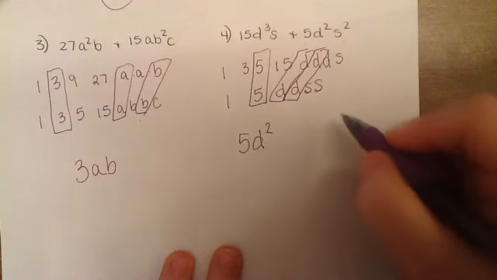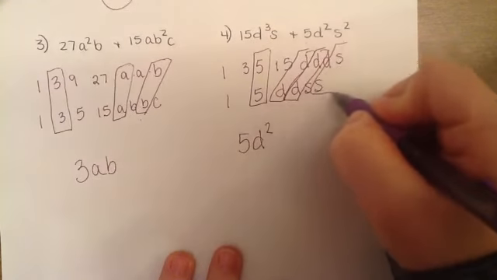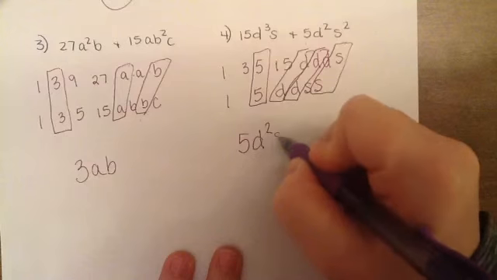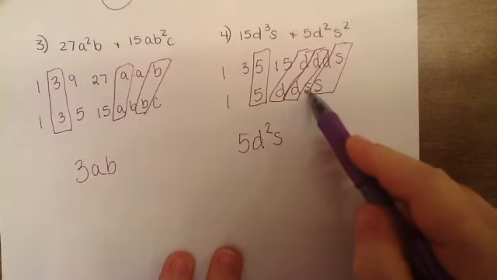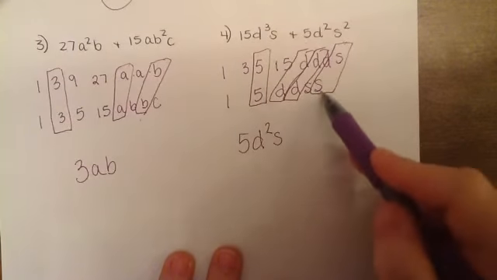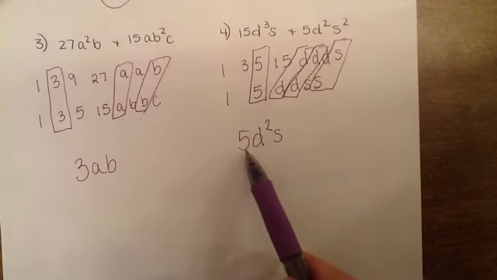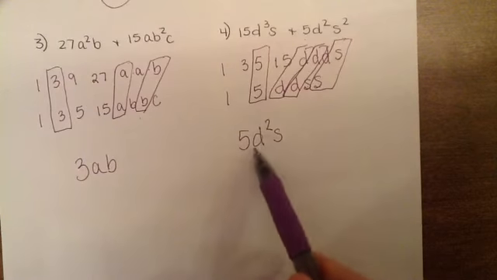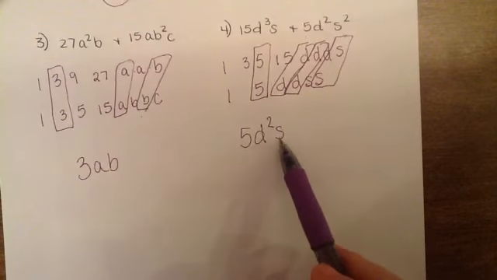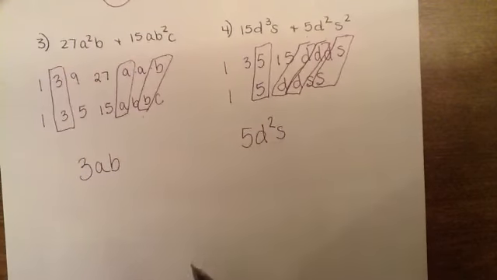And any s's in common? They both have an s. This one has another, but it doesn't have a partner, so they only have one s in common. So they both can be divided by 5. They both have 2 d's in common, and they both have an s in common. Nice job today, mathematicians.